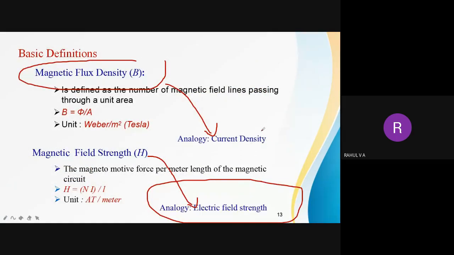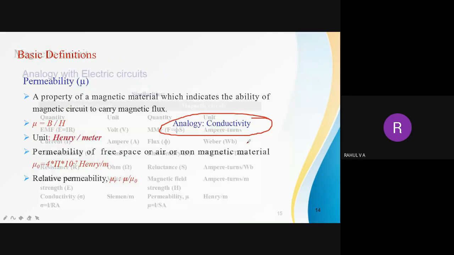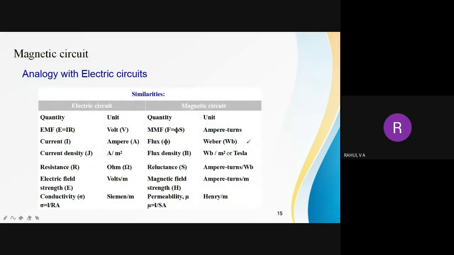What is magnetic field strength? Magnetic field in a material that arises from an external current.